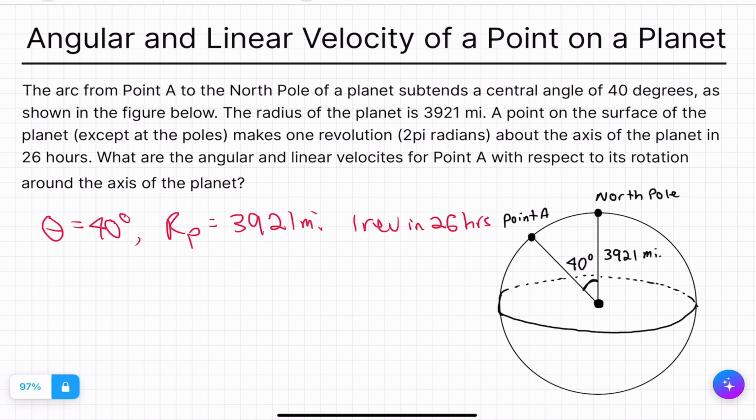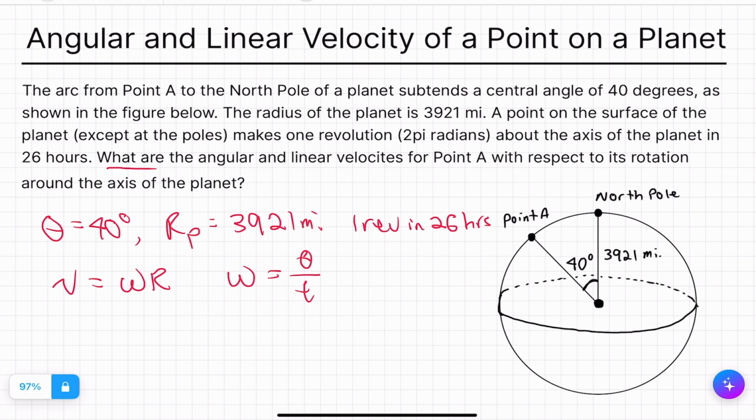And now let's go ahead and write the equations that we'll be using for this problem. The linear velocity is equal to the angular velocity times the radius, and the angular velocity is equal to an angle over time. Let's review what our question asks us.